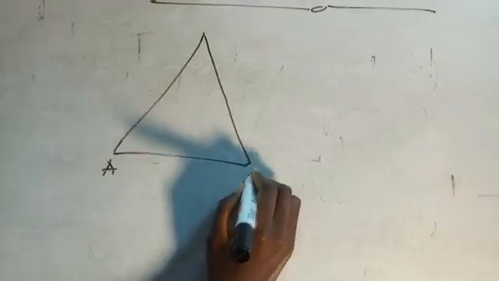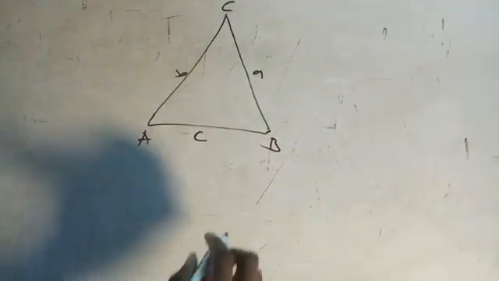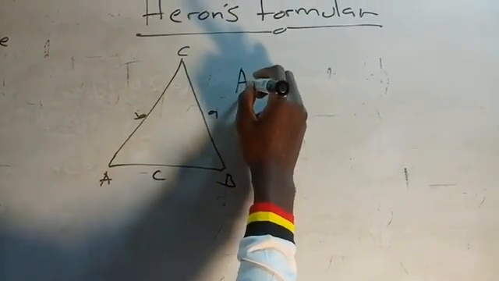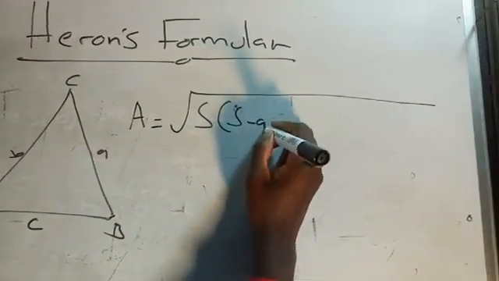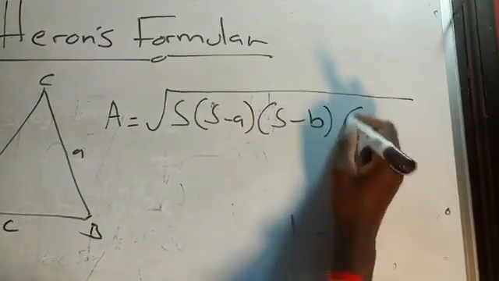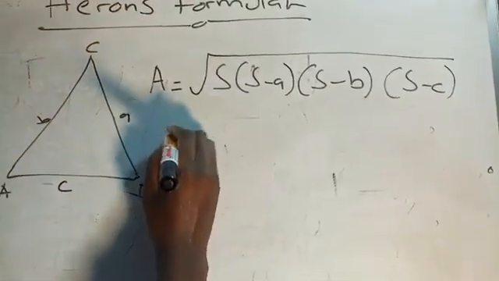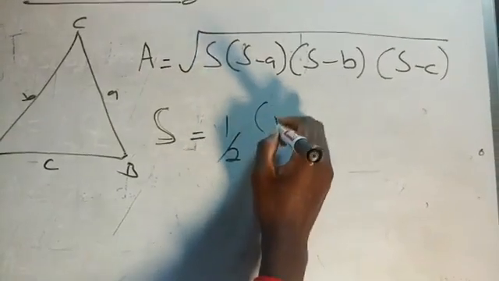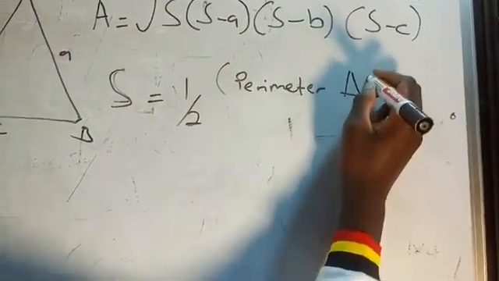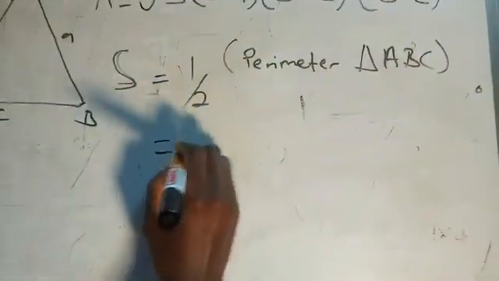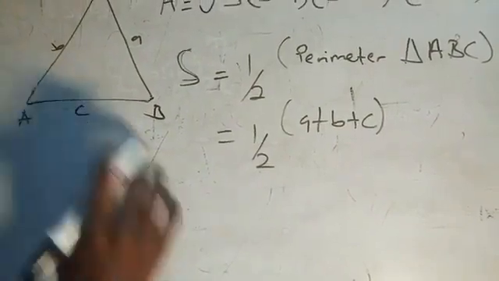This one becoming A, this one B, C. It states like this: area of a triangle is equal to root S into brackets S minus A, into brackets S minus B, into brackets S minus C. And to find S, it is equal to half the perimeter of triangle ABC, which is a half into brackets A plus B plus C.